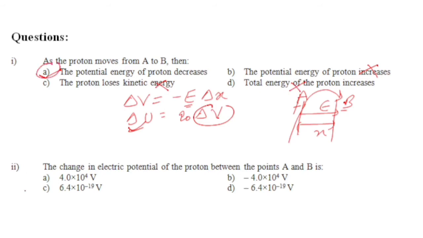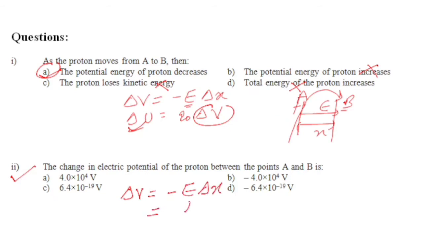Now, come to the second question. The change in electric potential of the proton between the points A and B is. The proton moves from A to B in the direction of electric field, so the change in potential is given by delta V equal to minus E delta X. And what is E?